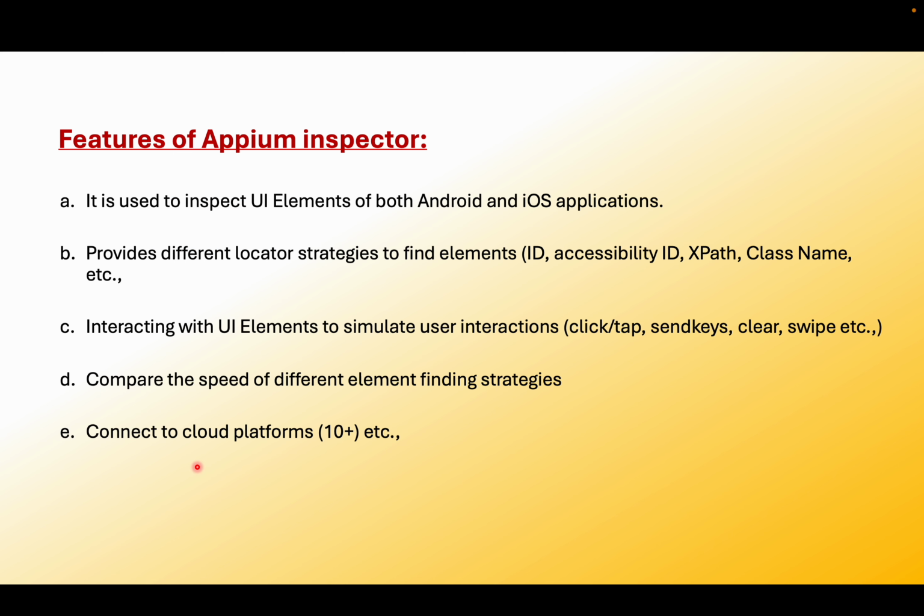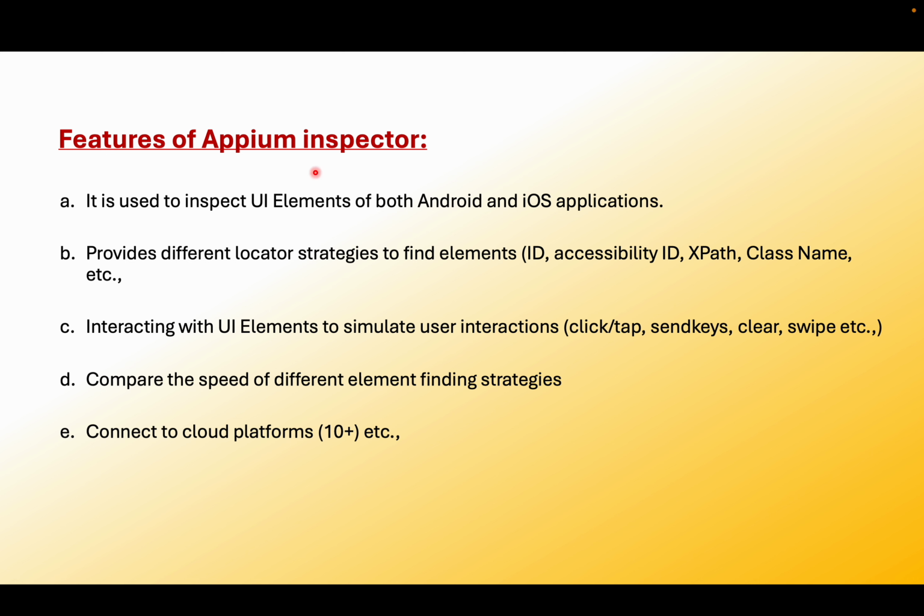Fine. So to name a few more features of Appium Inspector, as I told you, we can use it to inspect the UI elements of both Android as well as iOS applications. There is a tool available to inspect only Android applications, called UI Automator Viewer, which you can't use to inspect iOS applications.